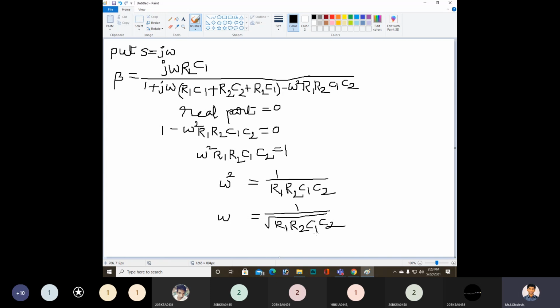You know it, omega is equal to 2 pi f. Omega equals 2 pi f. Let us assume f naught is equal to 1 by square root of R1 R2 C1 C2.